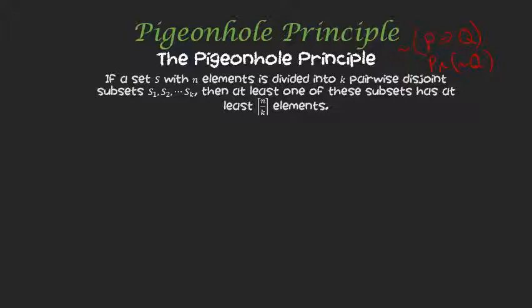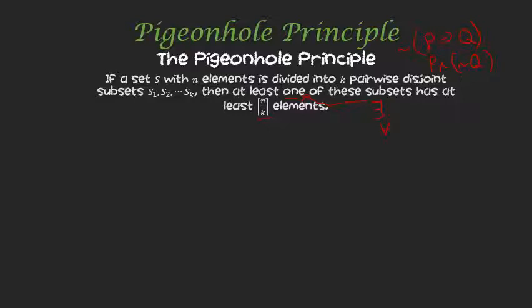and that none of them, so this is at least one of these subsets, so that means there exists a subset that has at least ceiling of n over k elements on it. So my negation of this part, my not Q, is going to be for all.